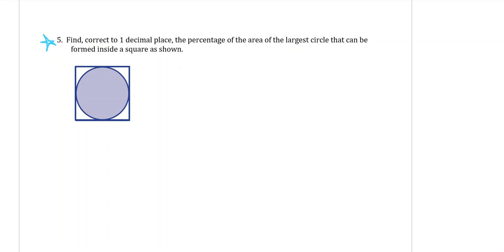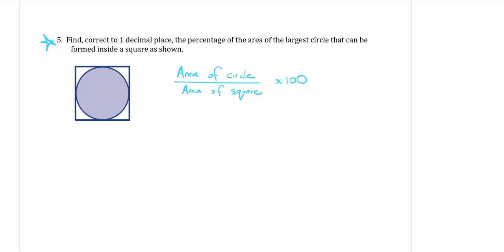To find a percentage, I would need to know the area of the circle, and I would divide that by the area of the square, and then to make it a percentage, you would times all of that by 100.